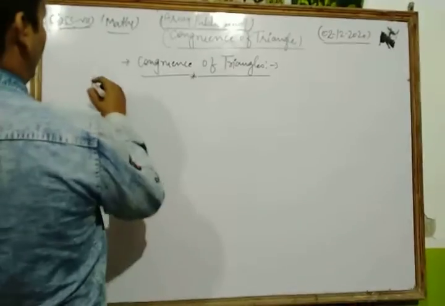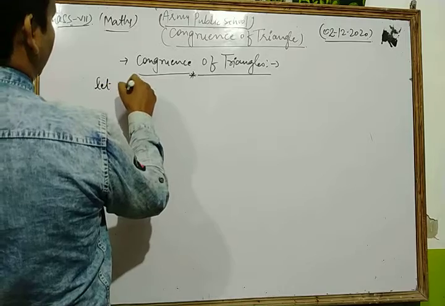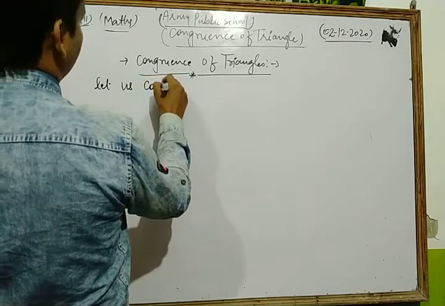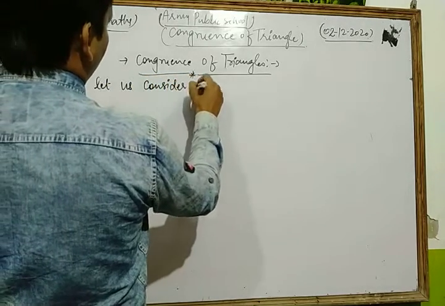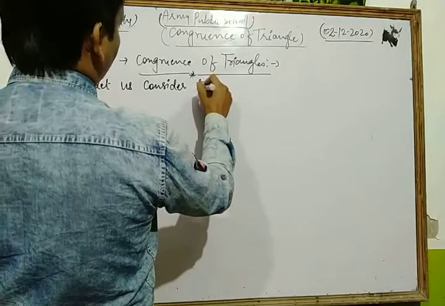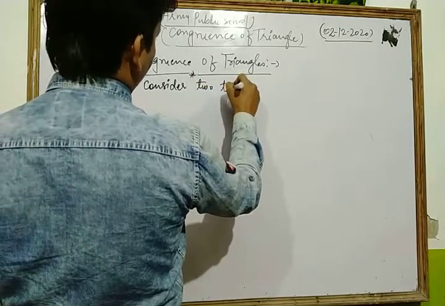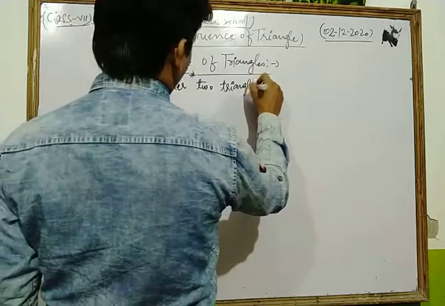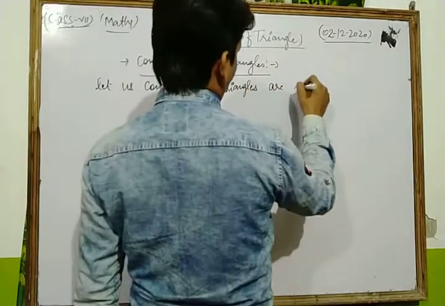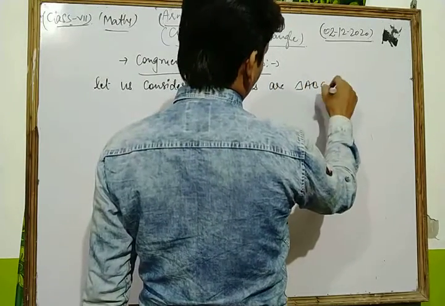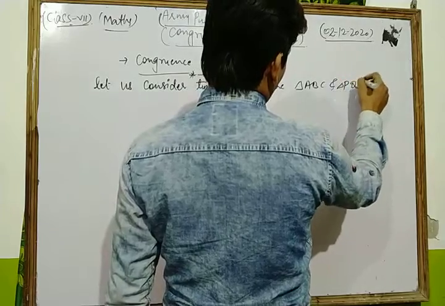Now let us consider two triangles, triangle ABC and triangle PQR.